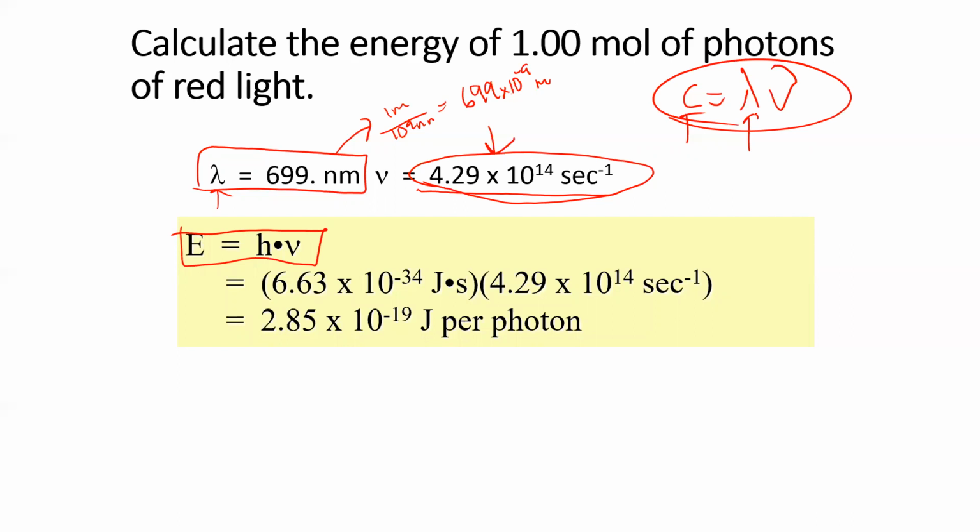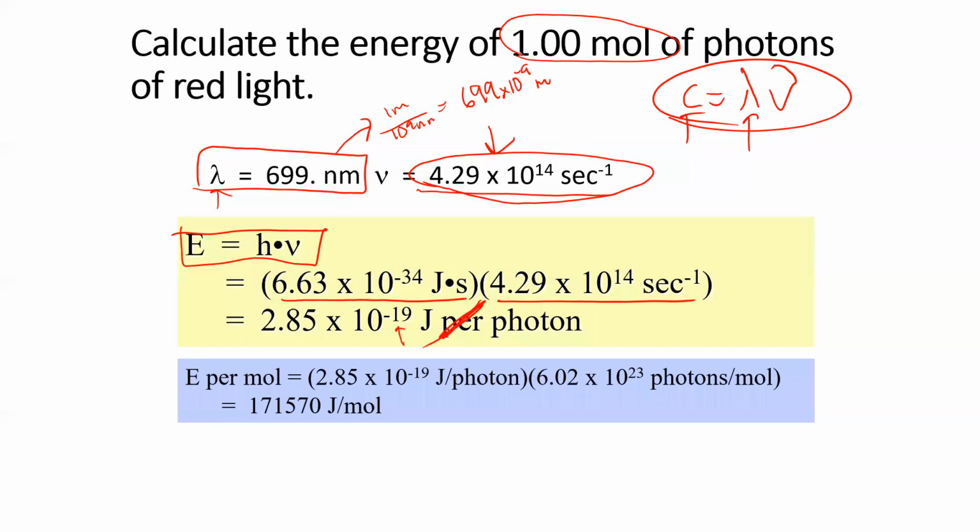Once we have it, we plug in Planck's constant and the frequency, and this value of 2.85 times 10 to the negative 19 joules is per photon. Notice it's a 10 to the negative 19, similar to that last problem. But this problem wants to know the energy in a mole of photons. So how do I do that?